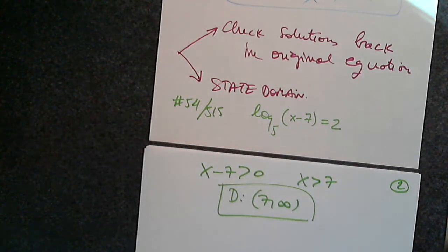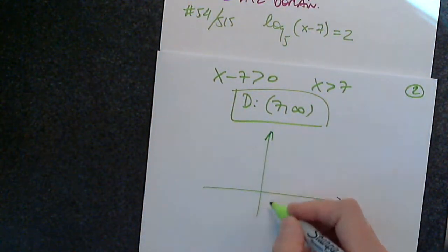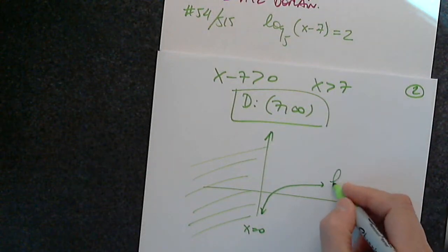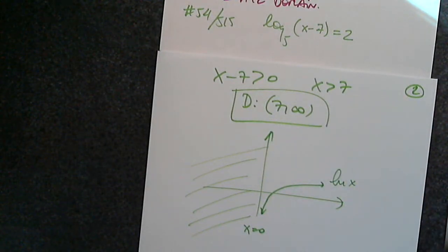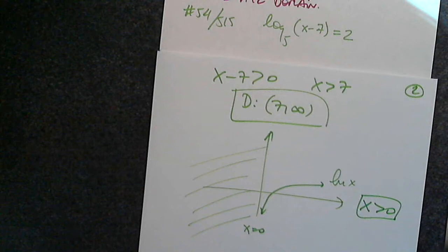So when we look at a graph of a pure log function one more time, with a base greater than 1, see, this is a vertical asymptote. So the function is not defined on this side. Here I graph natural log x. Therefore, natural log x must have a domain of greater than 0.